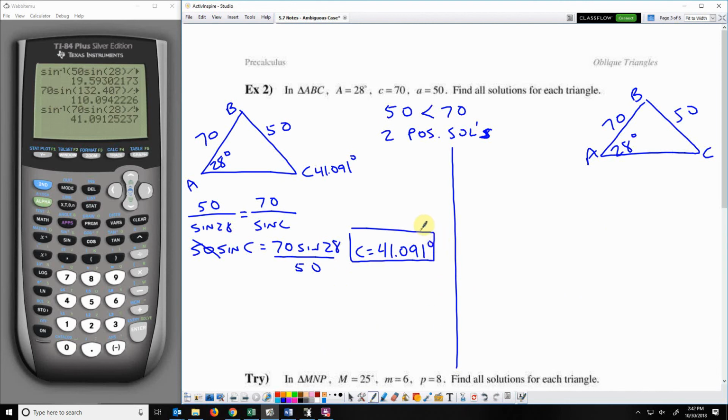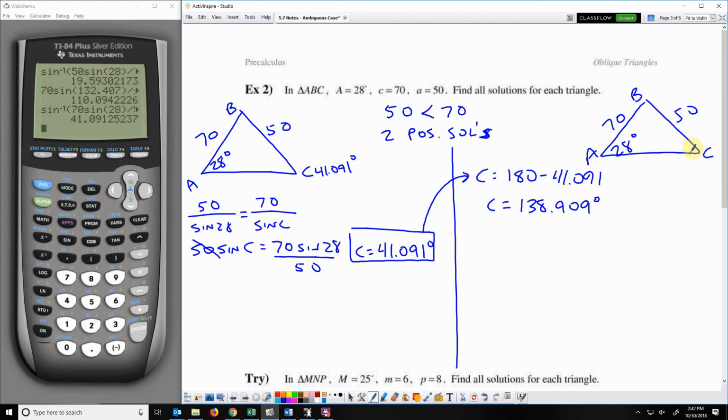Okay, so to get the other option for angle C, I find the supplement of 41.091. So that means 180 minus 41.091. Okay? And 180 minus 41.091 is 138.909 degrees.